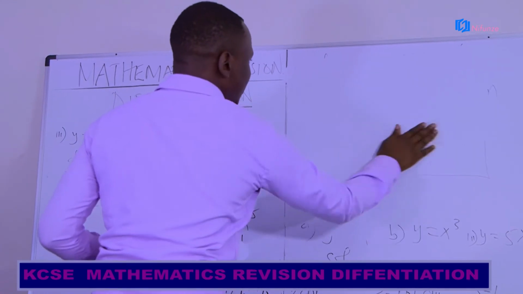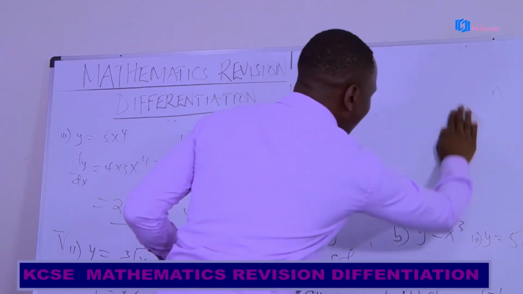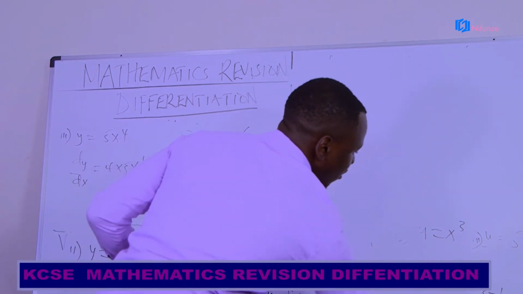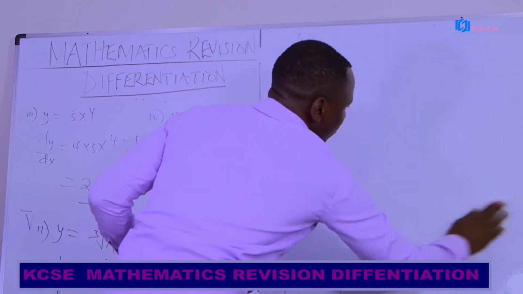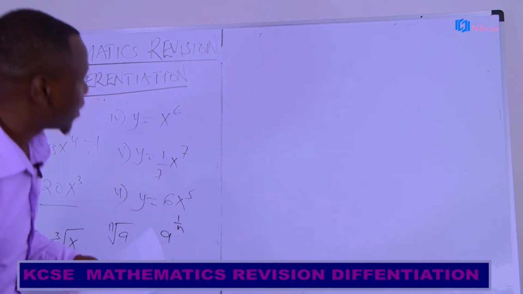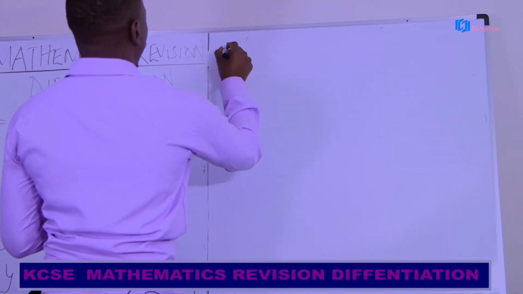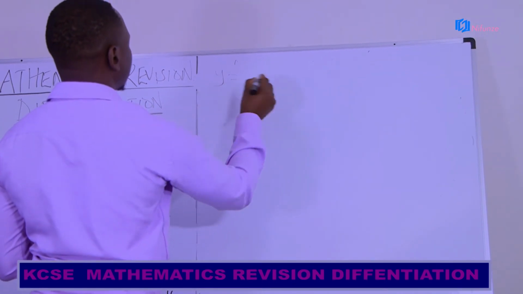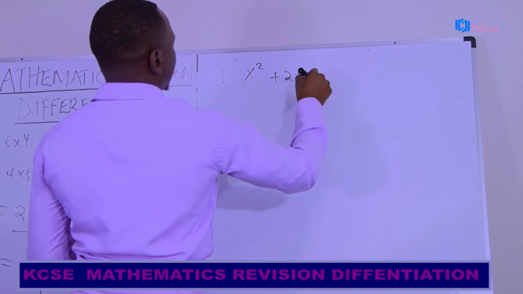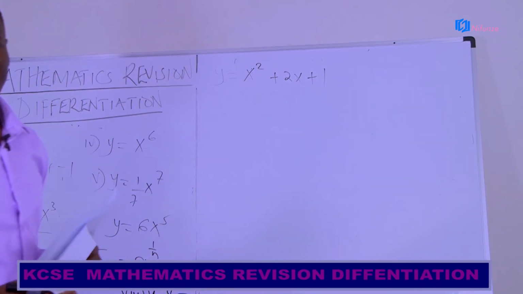But now in different cases, you can be given a number or an equation which consists of more than one term or of more than one component. For instance, you can be given a quadratic equation like y is equal to x squared plus 2x plus 1. How do you go about it?